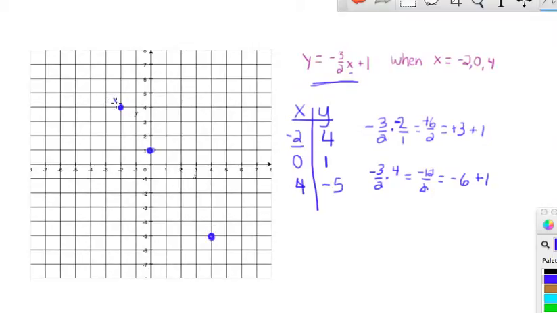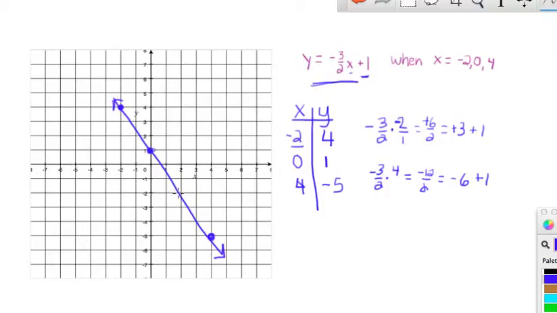So then my line, now I can just connect these points. Oops, my line didn't get very straight, but you get the idea. And you should get the same line as if you were to graph this like normal. Like this is the B number, start at 1, and then there's your slope, down 3, right 2.